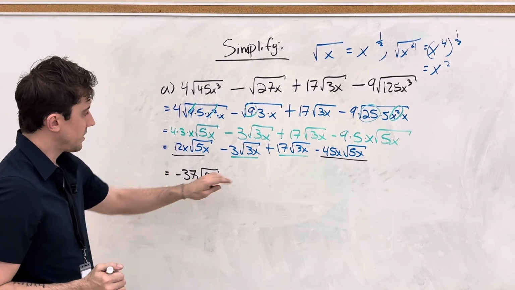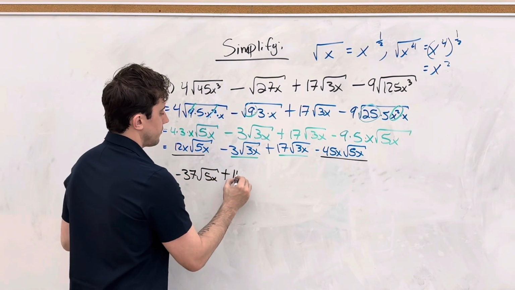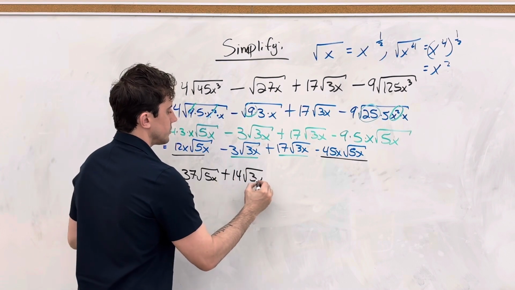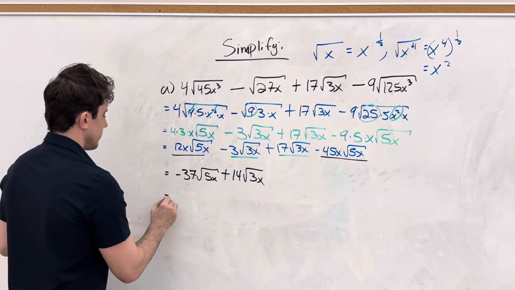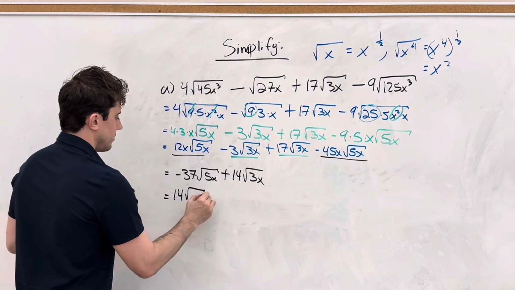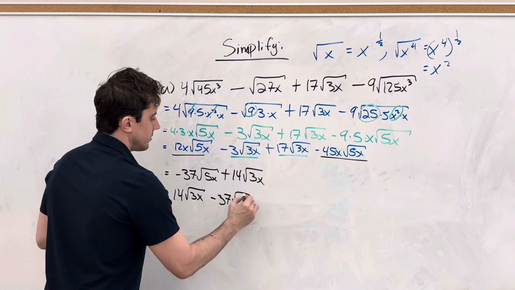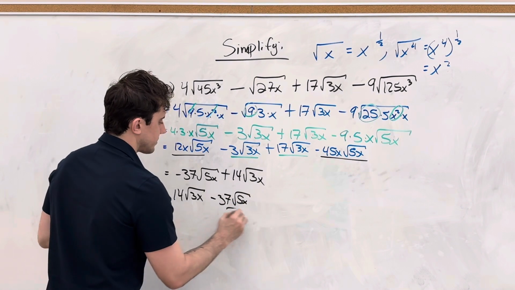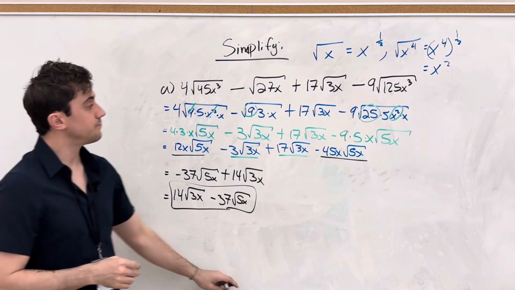And for the root 3x's, we'll have negative 3 plus 17, and so that'll be plus 14 root 3x. And usually we like having the positive term first, and so to be proper, I'll write this as 14 root 3x minus 37 root 5x. And this is what I would do for my final answer.